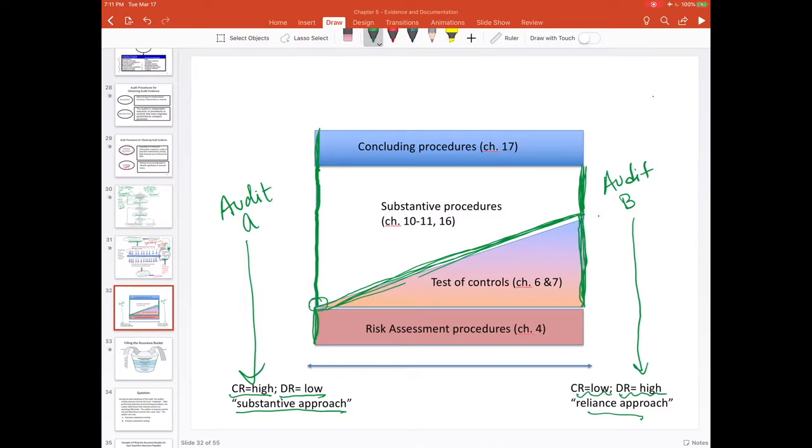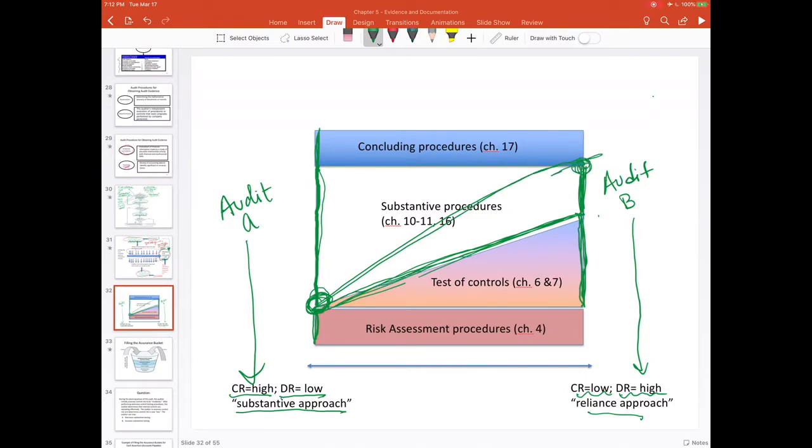You see down here on this end of the spectrum, for a private company, I can do 0 test of controls and all substantive procedures, but I can't have the opposite case where it's all test of controls, right? Like this does not exist. You can't have all TOC and no substantive procedures.